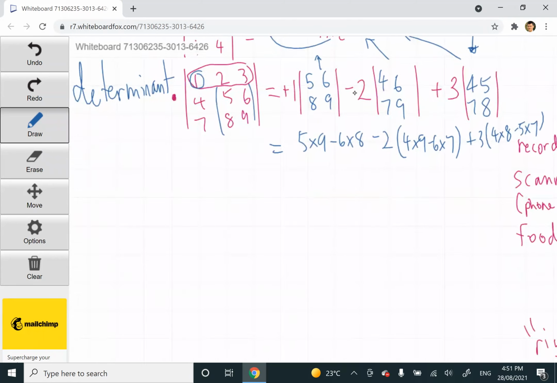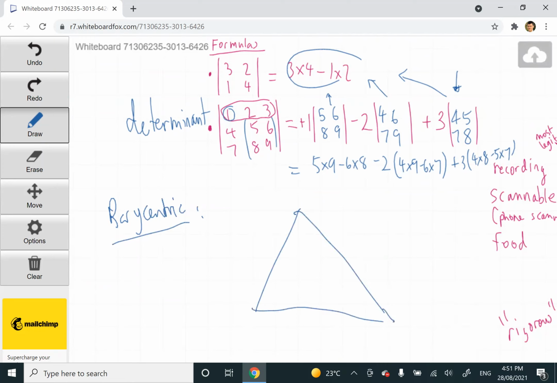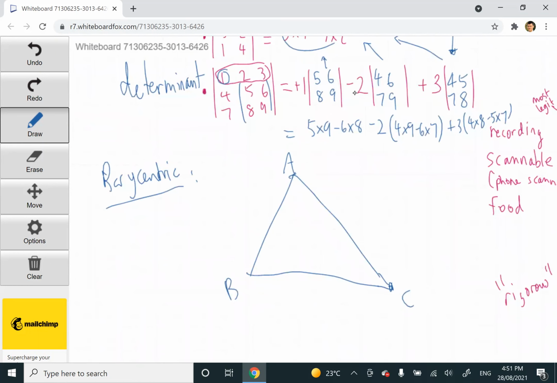And another formula: barycentric coordinates. What barycentric coordinates are is, you pretend that there are weights at the vertices of the triangle, and the center of mass of those weights is a point with those coordinates.